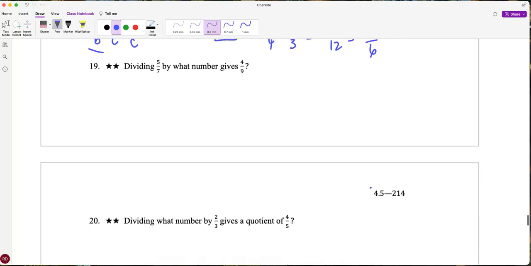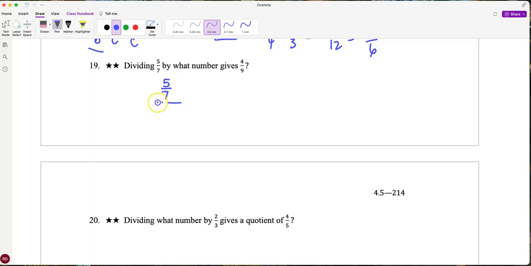Dividing 5/7 by what number gives 4/9? So 5/7 divided by some number equals 4/9. Multiply both sides by x, and you get 5/7 equals 4/9 x.